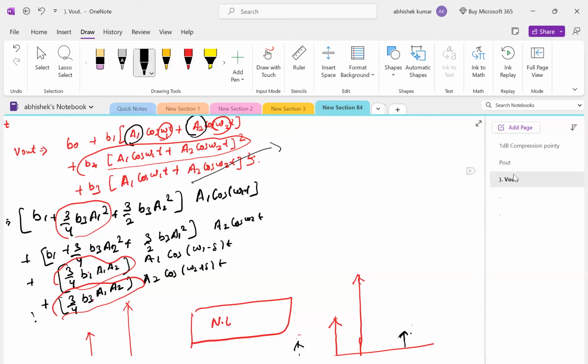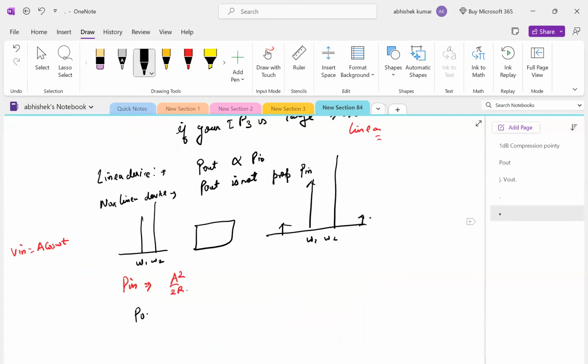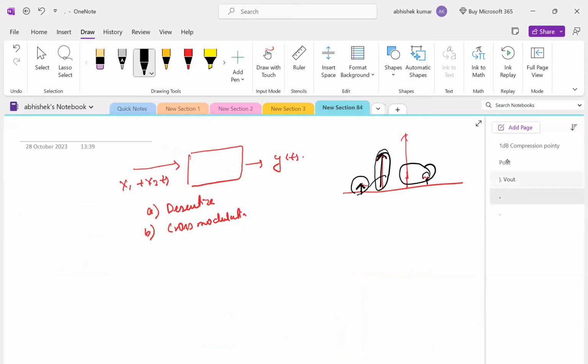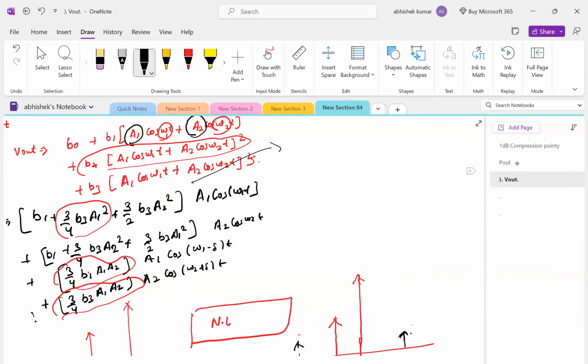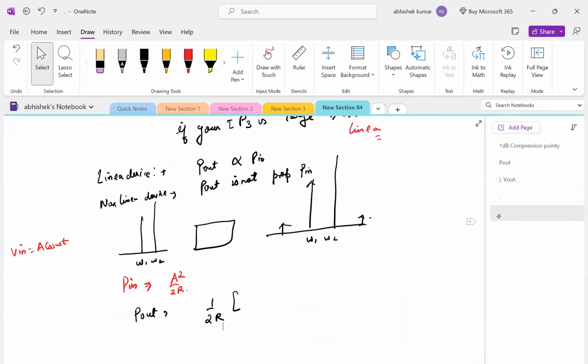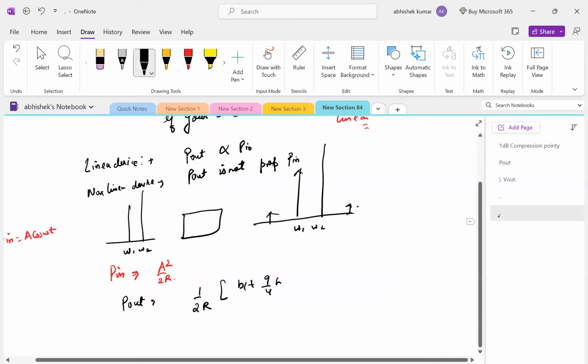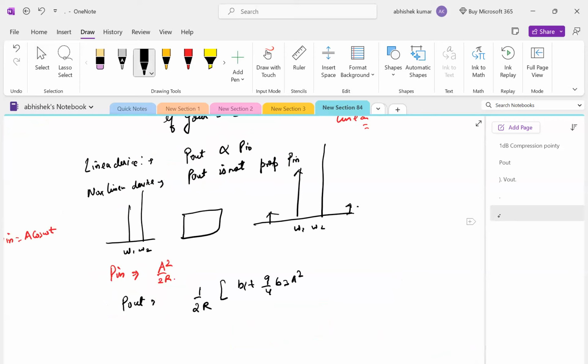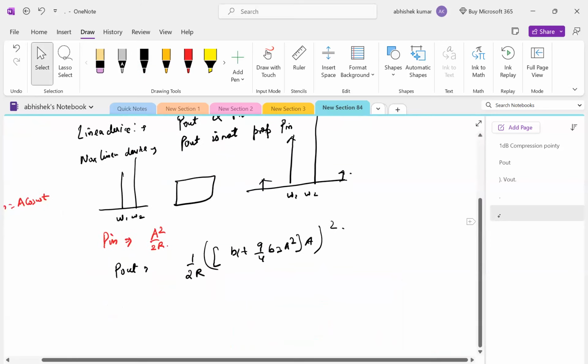So we will get the P output as 1 by 2R times B1 A plus 9 by 4 B3 A cube, whole square, that you can observe in slide 36.